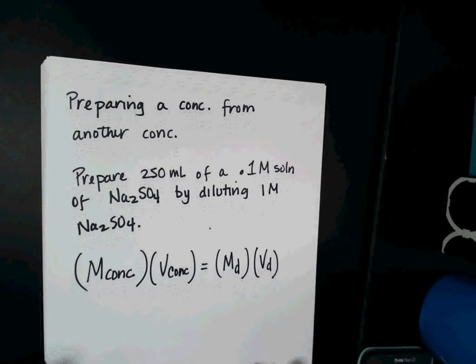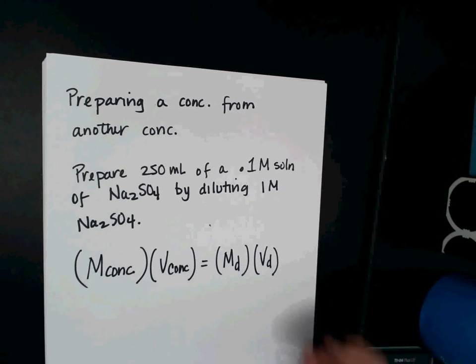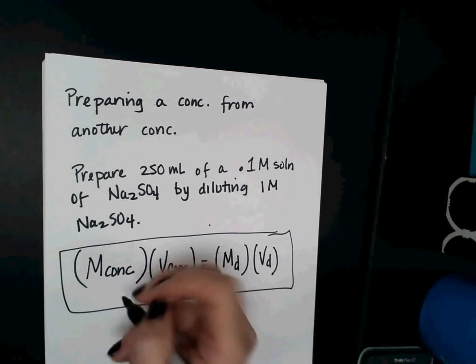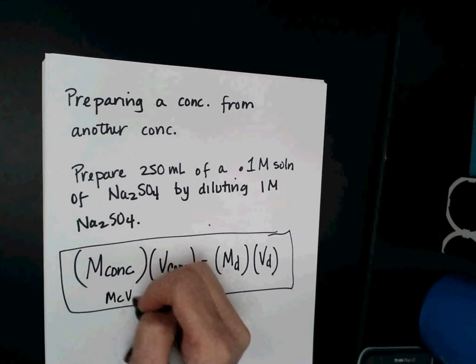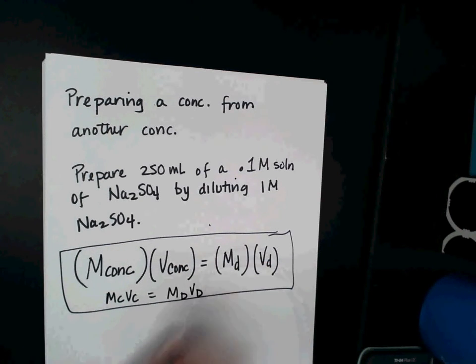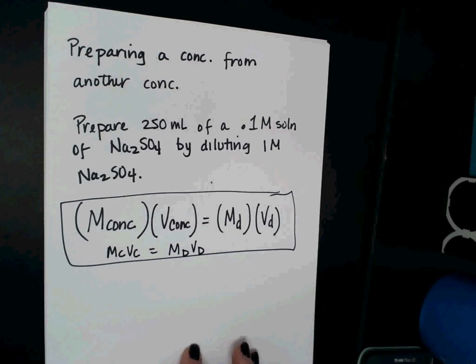And then I can plug in everything I know and solve for the one I don't know. So this is a formula you're going to want to remember. It usually looks like this: MCVC equals MDVD.